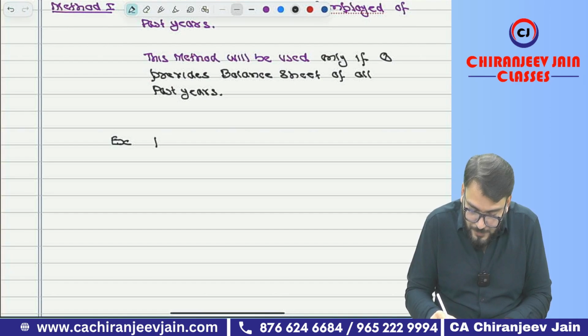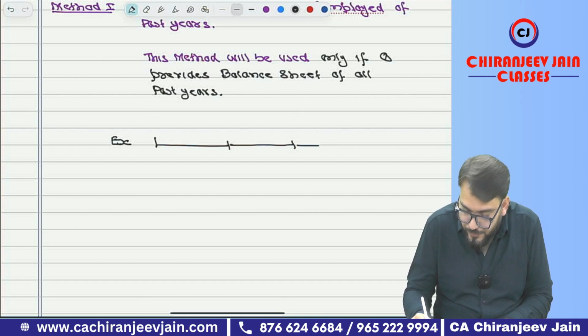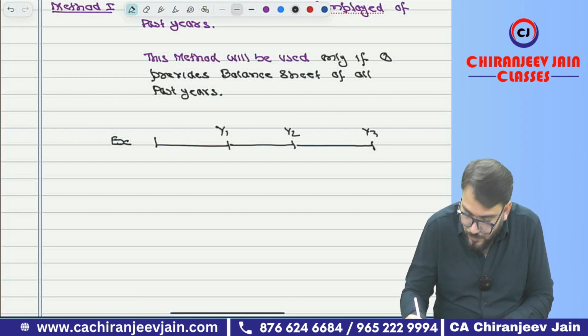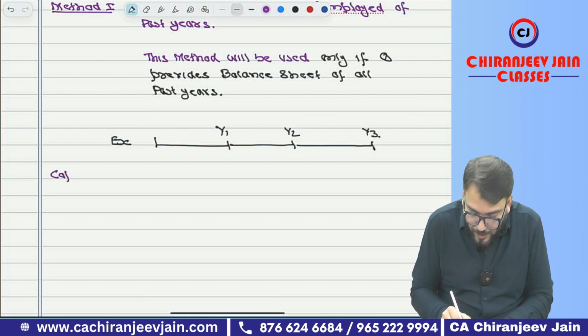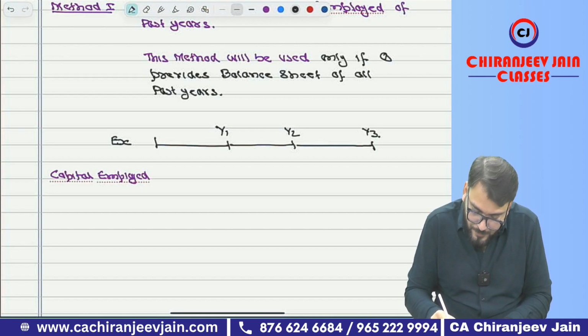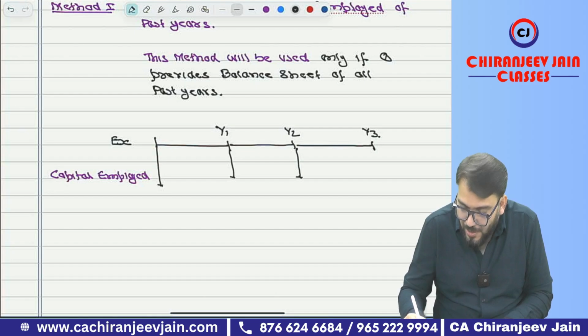Example, right now. Suppose this is year 1, year 2, year 3. Correct? Y1, Y2, Y3. And they have given the capital employed of all the past years.